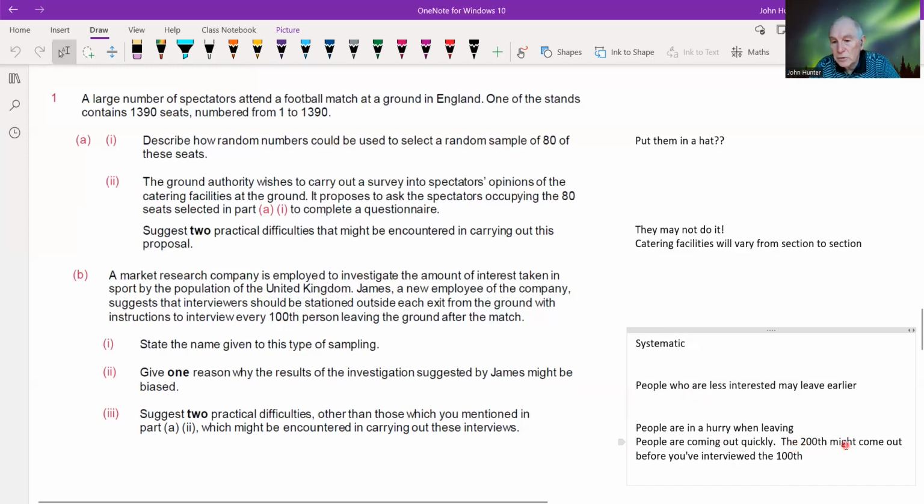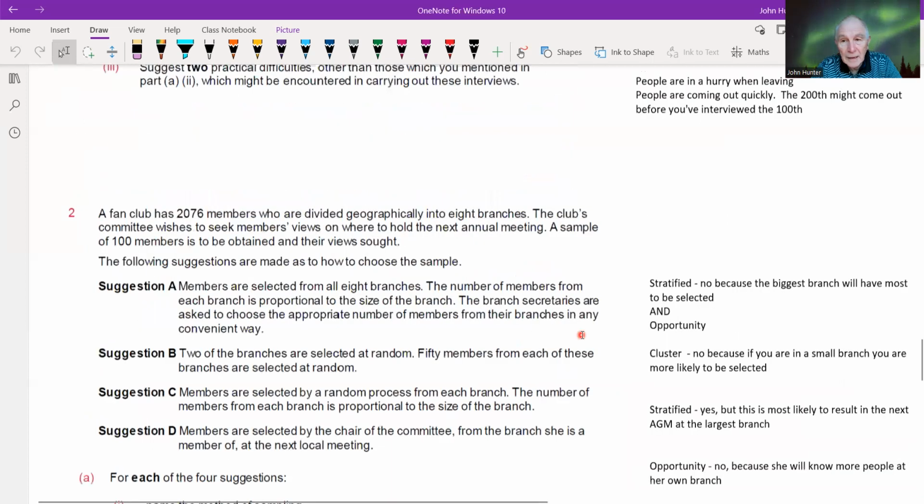You might be able to get the 100th, but then the 200th person will actually come out while you're still interviewing them. It's possible. So that gives you a bit of a flavor of this sort of thing. Again, balancing cost with randomness, basically. Let's have a look.